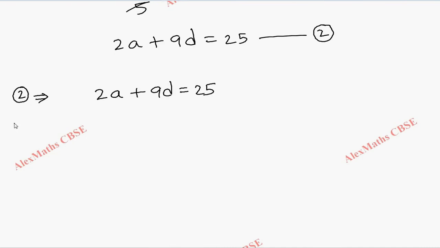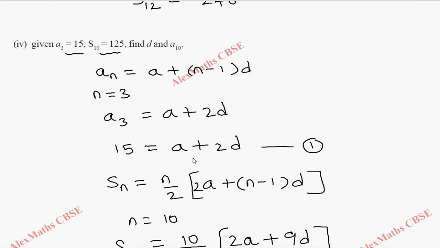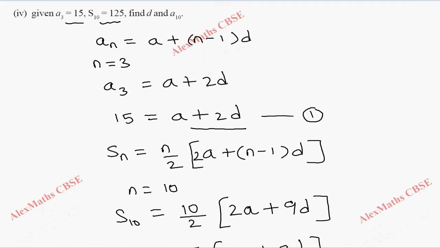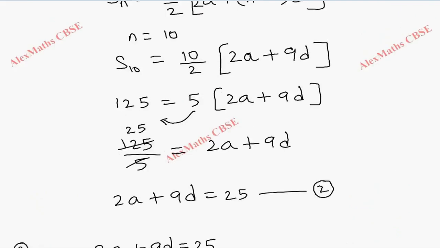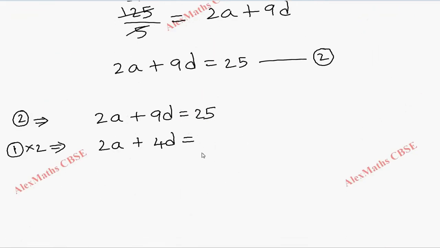So the first equation is multiplied by 2 and written here. This is A plus 2D. When I multiply with 2, 2A plus 4D equal to, and on the other side we have 15. If I multiply by 2, that becomes 30.